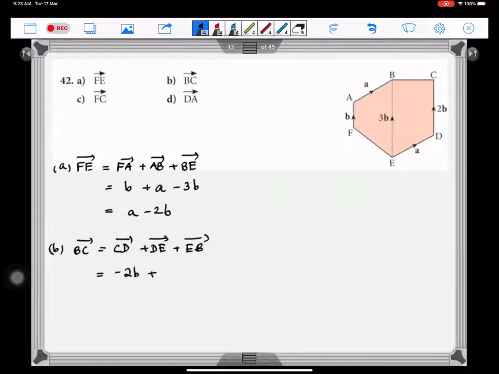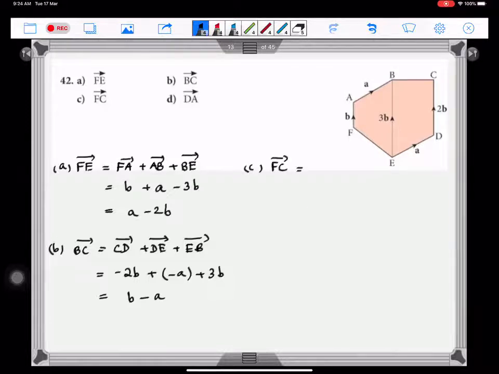And DE is minus A. And EB is 3B. So BC is B minus A. And third part, coming back to it, that is FC.